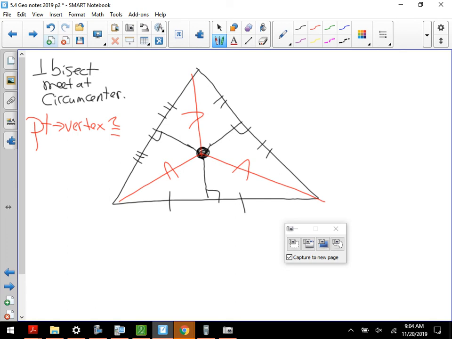And remember, the way that we were able to tell that is because you saw the angles marked.